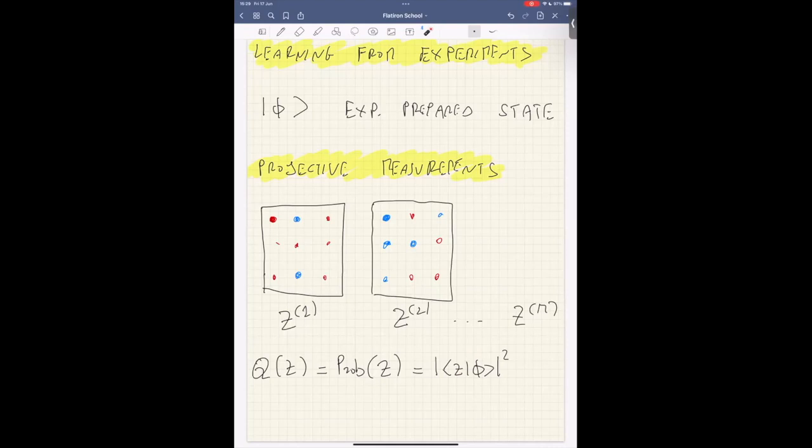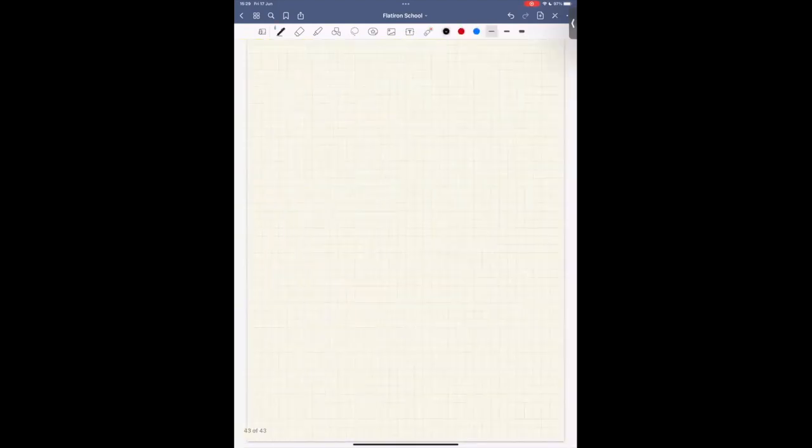And now our goal, the thing that we would like to do with machine learning, or in general, not necessarily with machine learning, is to perform what is known as state reconstruction.